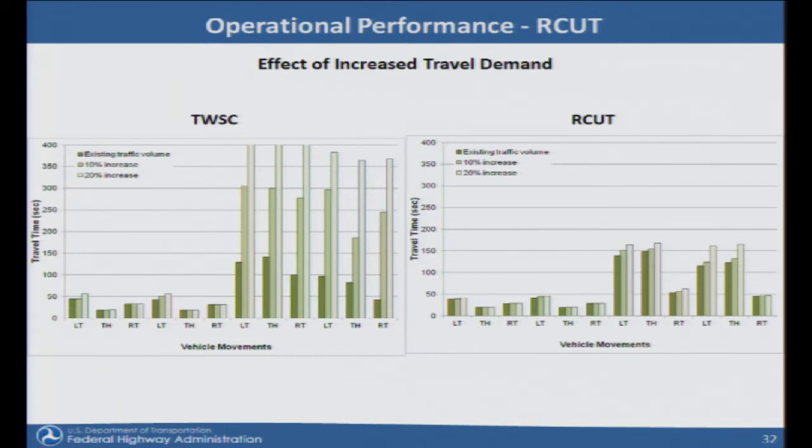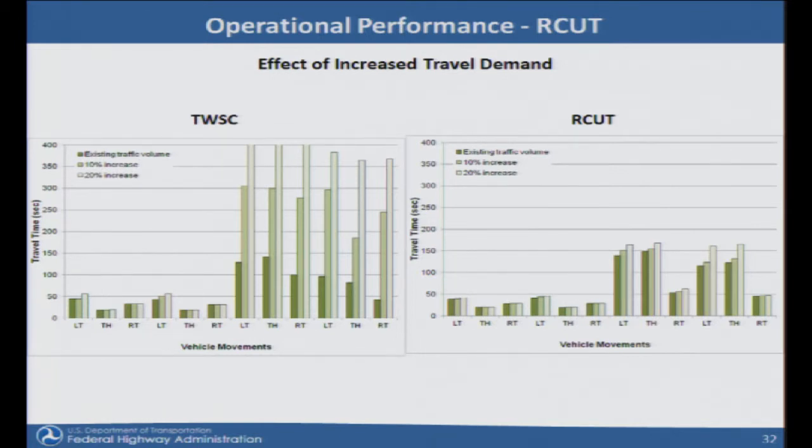And this is another visualization we did. What happens if your traffic demand in all directions increases by 10%, 20%? For two-way stop control, because the minor road capacity is already at its limit, any slight increase in traffic demand gives you a dramatic increase in the total travel time. Those are all intersection control delays, okay?